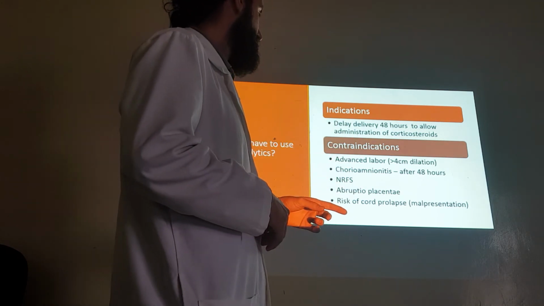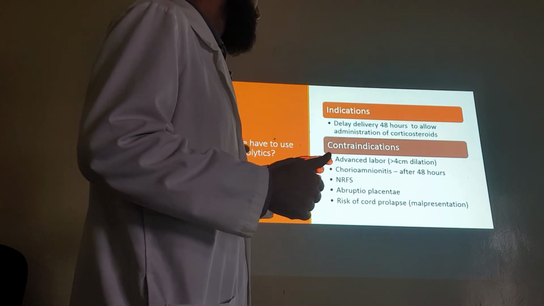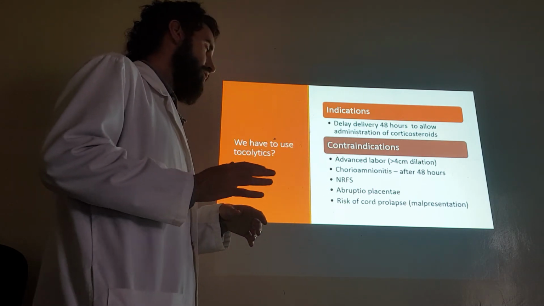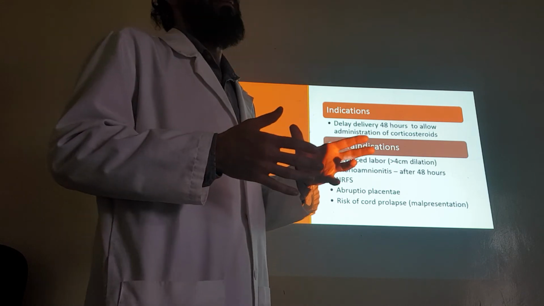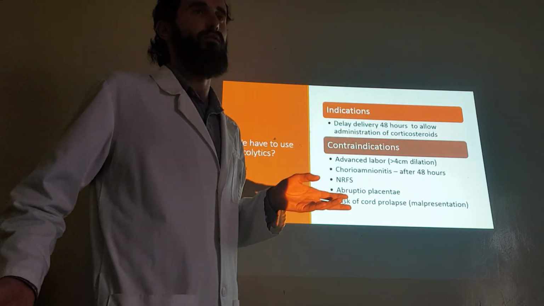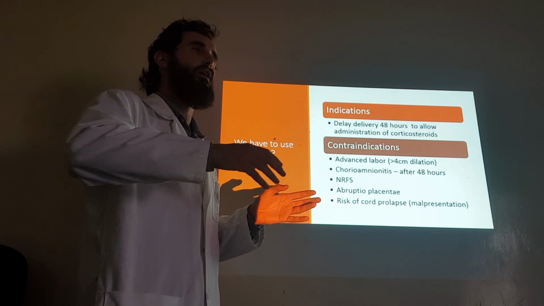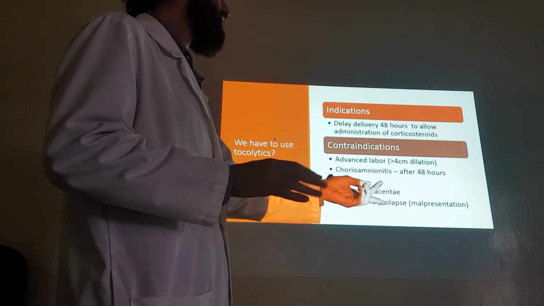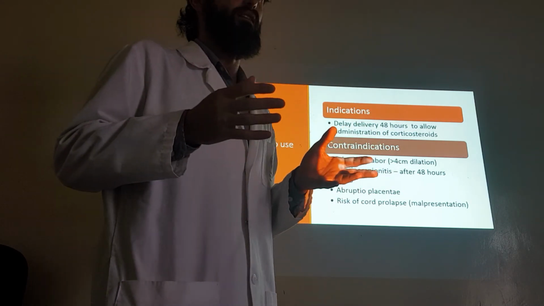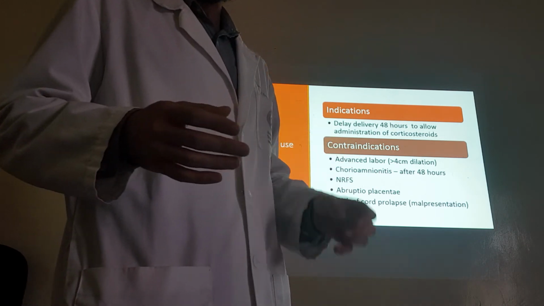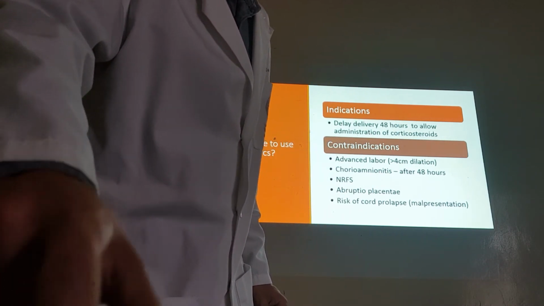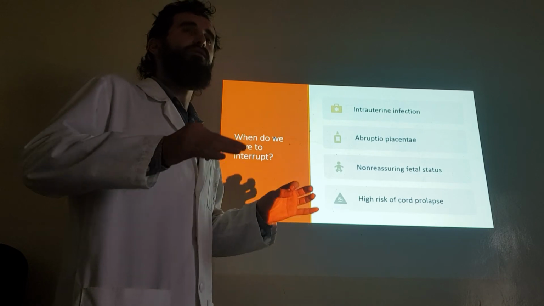The non-reassuring fetal status, the placental abruption, and the risk of cord prolapse, such as malpresentation. We have seen that one risk of cord prolapse is the malpresentation, as, for example, also in this situation, the cervix dilated. It is also a risk factor. Okay?